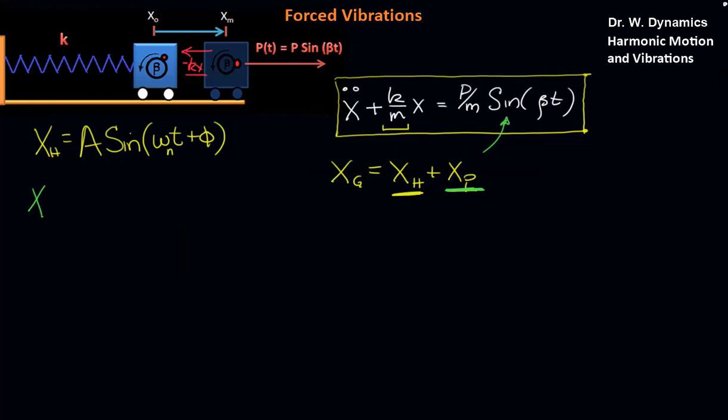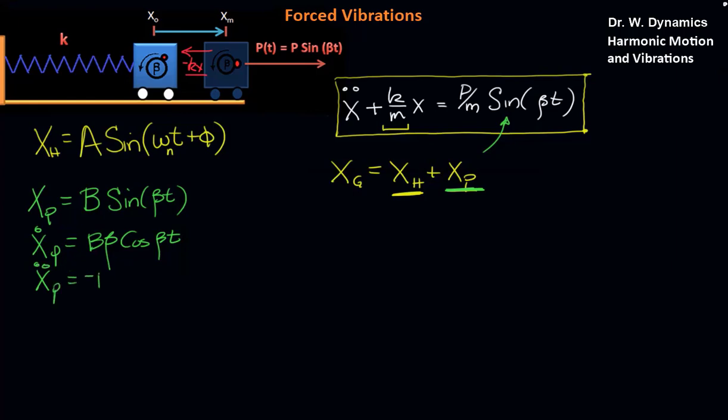So x particular will be some b sine of beta t. Taking derivatives of that, we get b beta cosine of beta t, and x double dot as negative b beta squared sine of beta t.